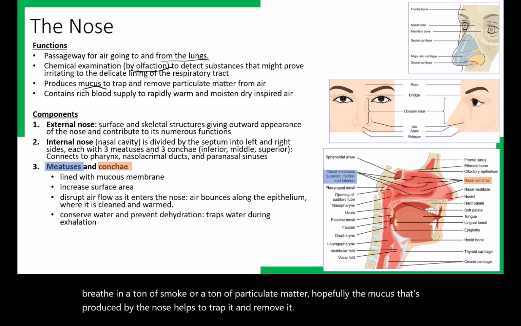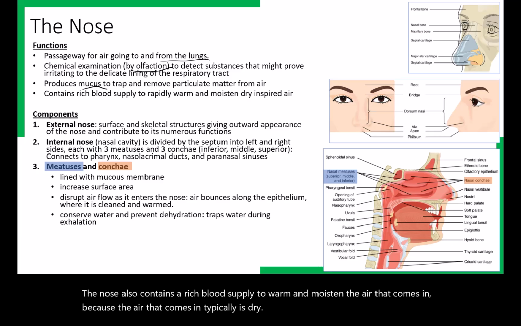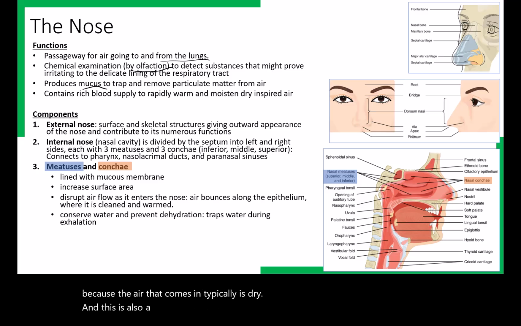The nose also contains a rich blood supply to warm and moisten the air that comes in, because the air that comes in typically is dry. And this is also a source of a runny nose, when that rich blood supply actually leaks and makes our nose run.